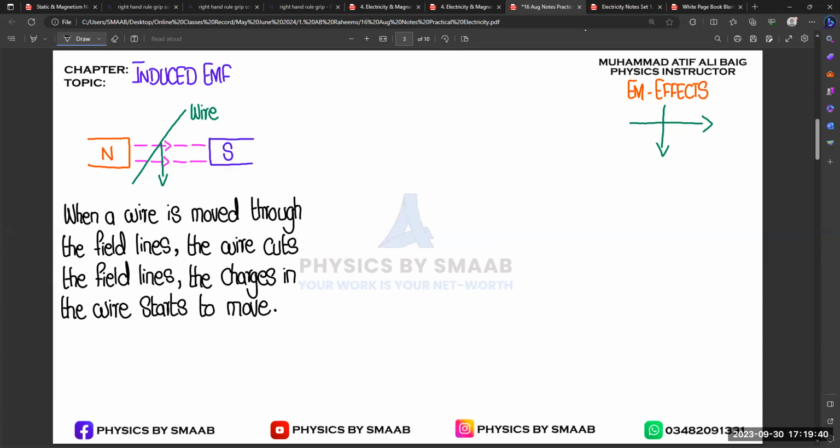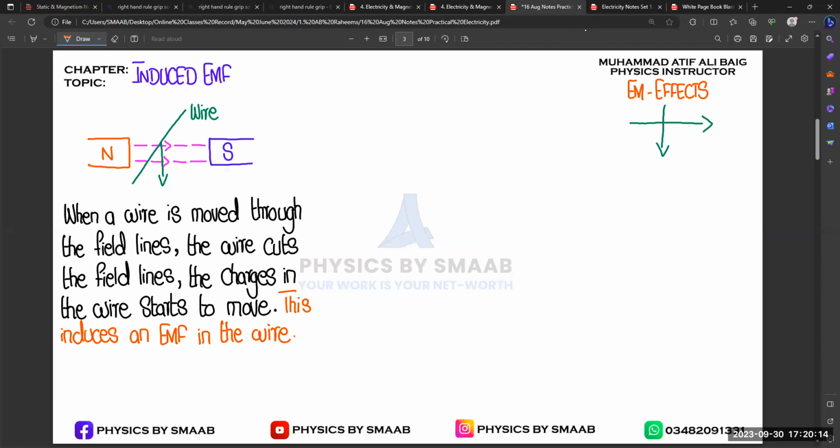So we can say that this concept is known as, so this induces an EMF in the wire, okay?